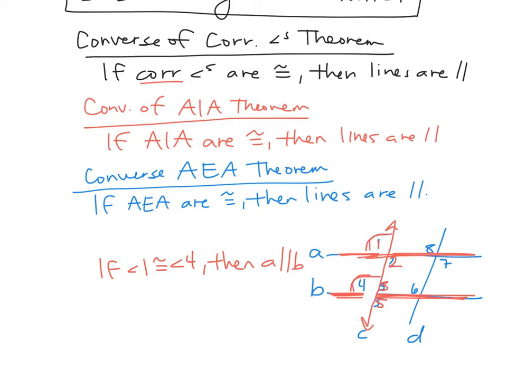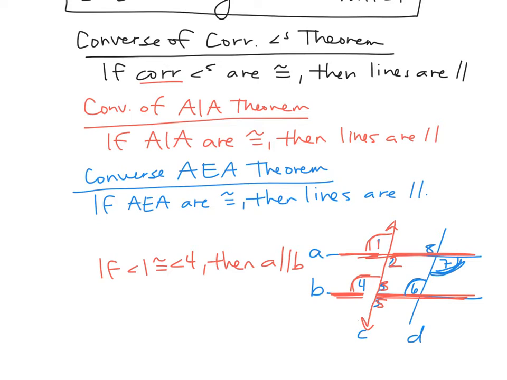So if I told you right now that angle 6 is congruent to angle 7, which lines are parallel? If I'm using 6 and 7, which ones?